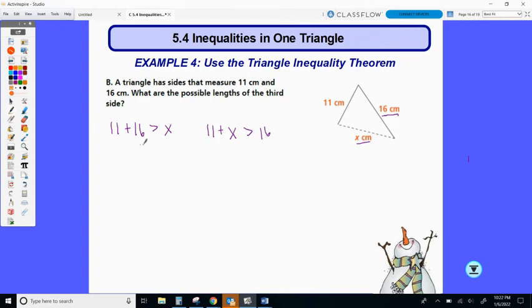Okay, so if x is the longest side, then 27 has to be greater than x, or I could write that the other way as x is less than 27.